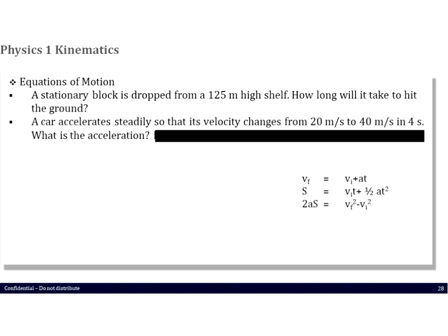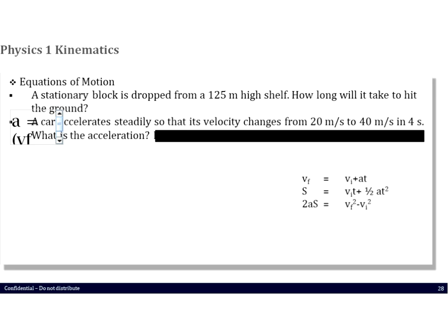First of all, let me tell you the relation between the first equation of motion and acceleration. That is not the solution, I'm just discussing something. So acceleration A is equal to Vf minus Vi divided by T. Now, if you multiply both sides by T, we have At is equal to Vf minus Vi.